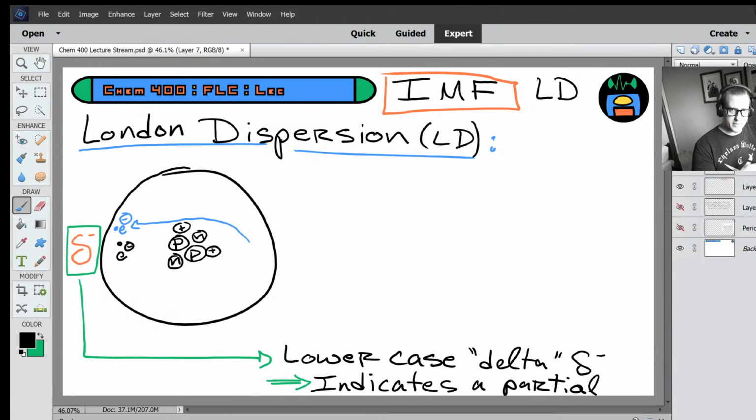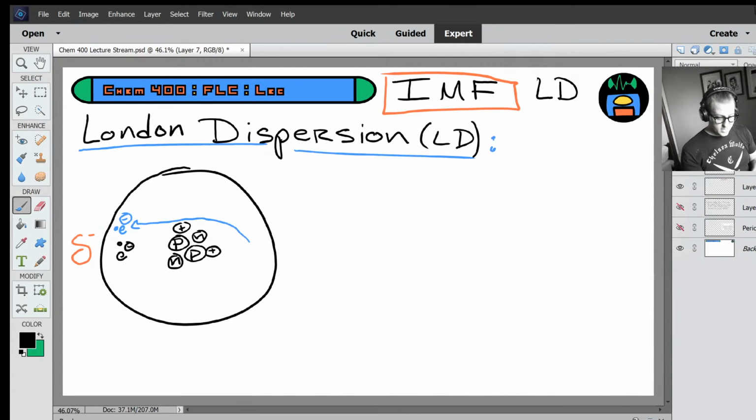It's not that this has become an ion, but because both of the electrons are over on the left side of the orbital, that side of the orbital now has a partial negative charge, because that's where both electrons are. That means that the other side, where the electrons are not, has developed a partial positive charge, for this split second moment in time.